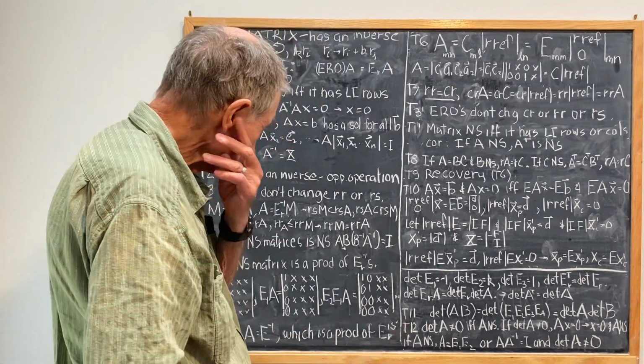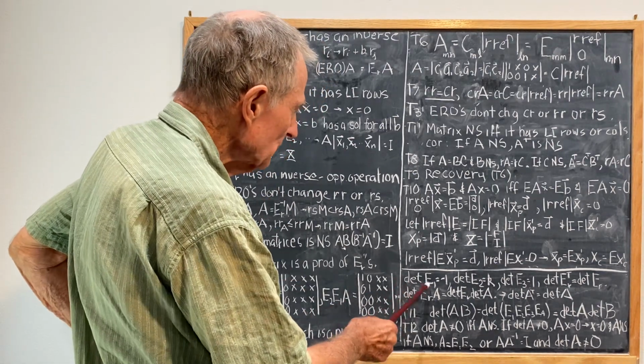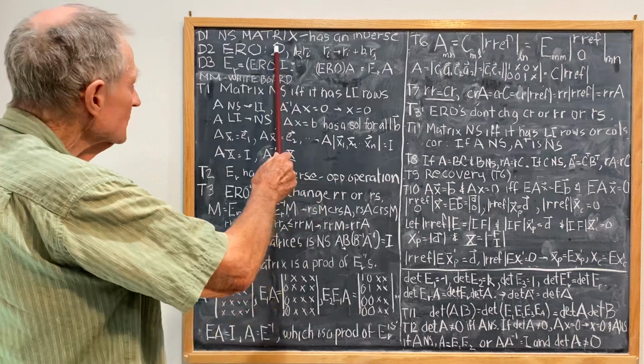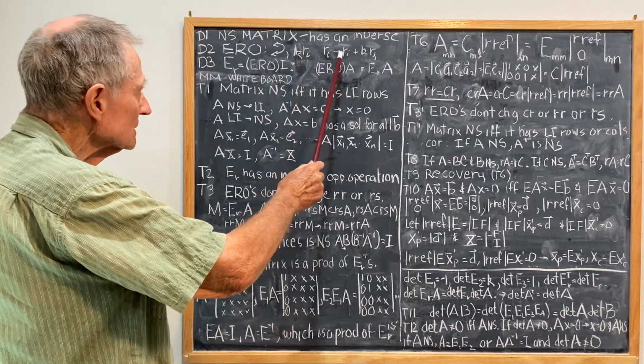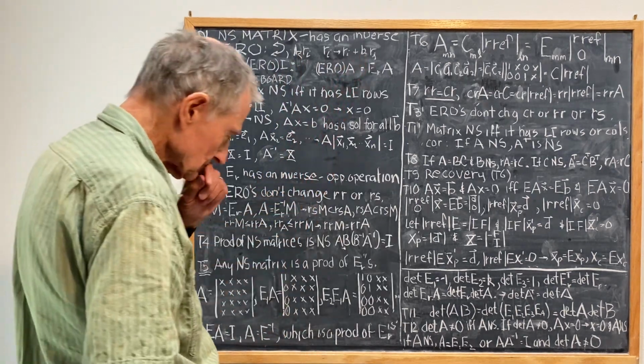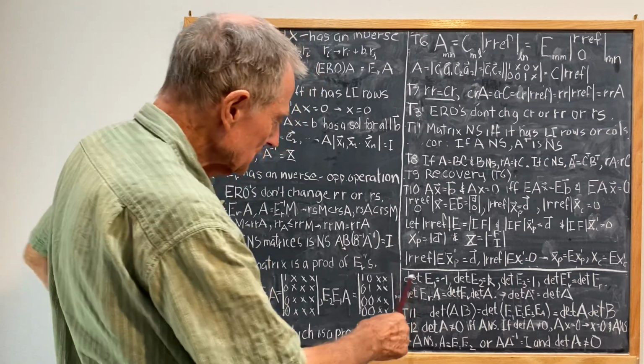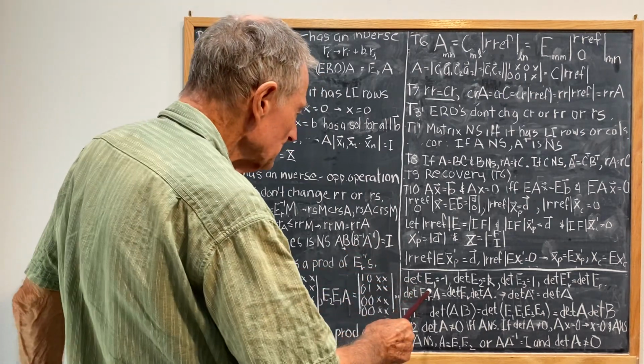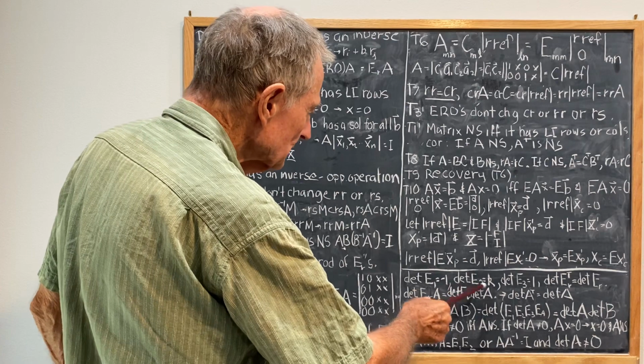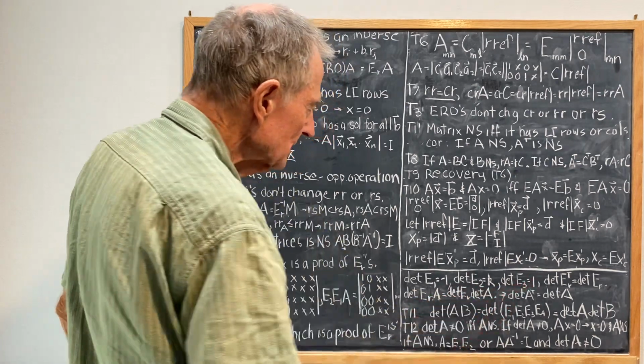Namely, I note that if E1, E2, and E3 are the interchange, multiply by K, and add K times another row, then this is a simple check. Determinant of E1 is minus 1. Determinant of E2 is K. Determinant of E3 is 1.